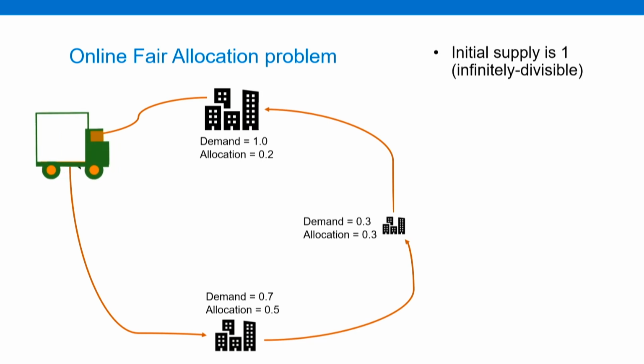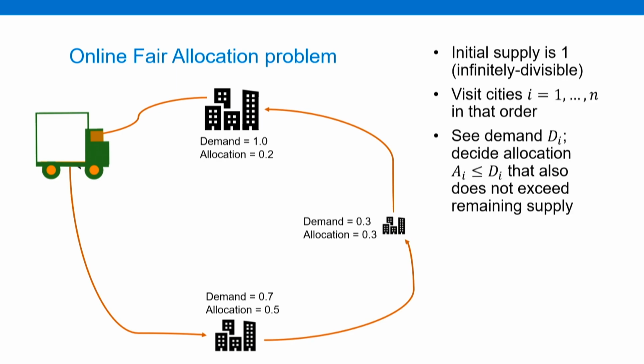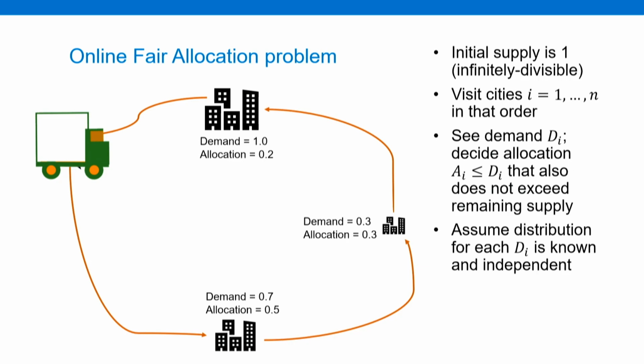OK. So the initial supply is 1, infinitely divisible. I visit the cities in some order. I see the demands, and I have to immediately decide the allocation. The allocation can't exceed the demand, and of course also can't exceed the remaining supply. And I assume the distribution for each D_i is known and independent.